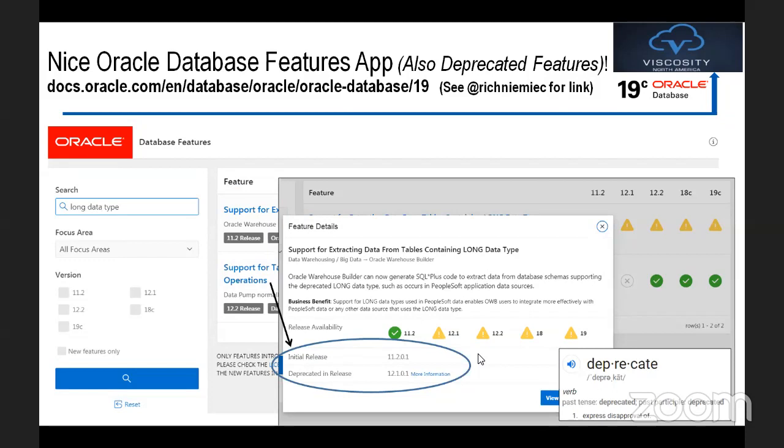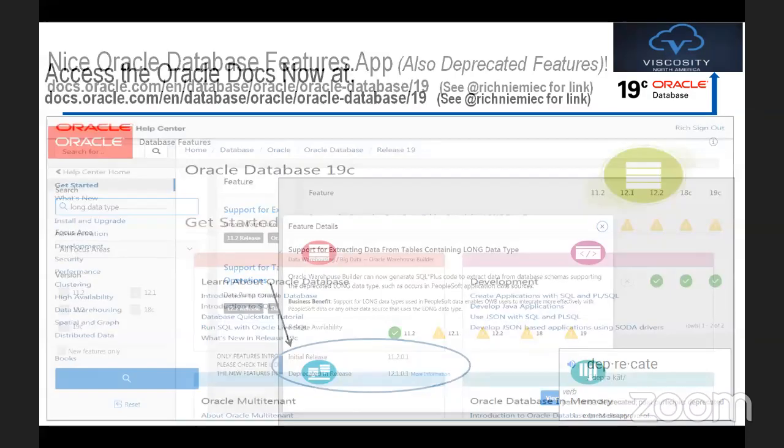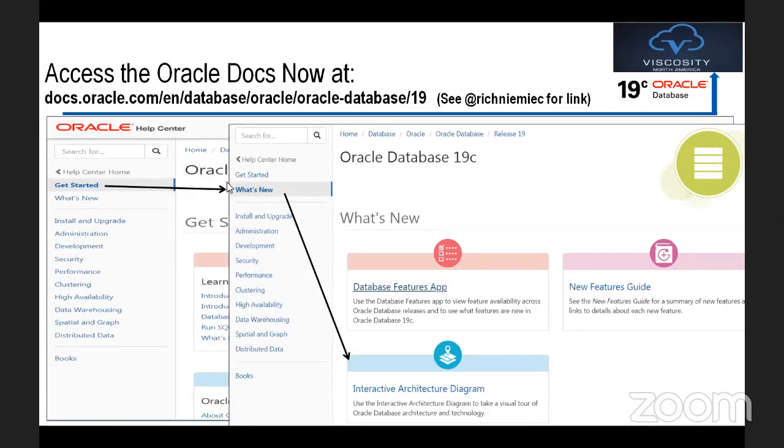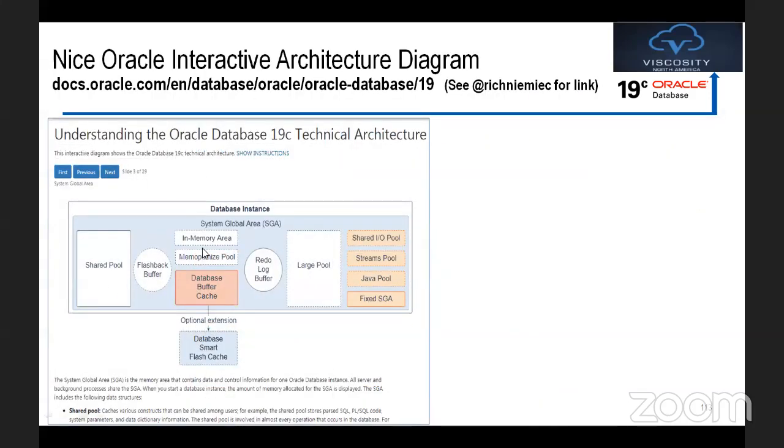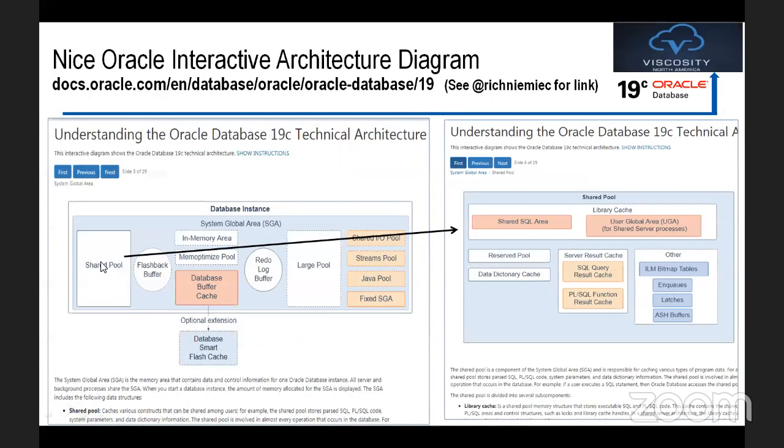Just how they took non-CDBs and made it multi-tenant in 20C. Other things I can do in this, get started. What's new? Interactive diagram. I showed you this picture with the in-memory and I could just click on something and it'll actually take me to the other page.